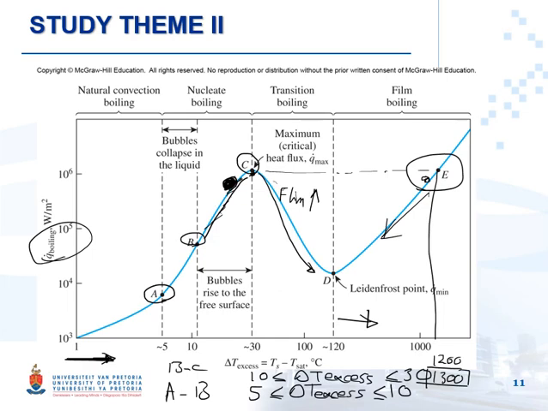We want to find out the Q dot max as a number, the maximum heat flux. We want to find the minimum heat flux. We want to calculate the Q dot min, which happens at the Leidenfrost point. So I think that's enough for this lecture.